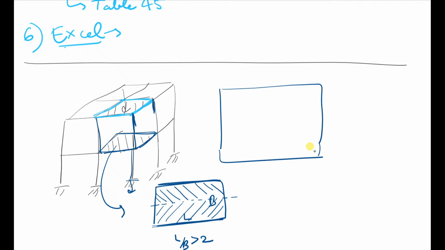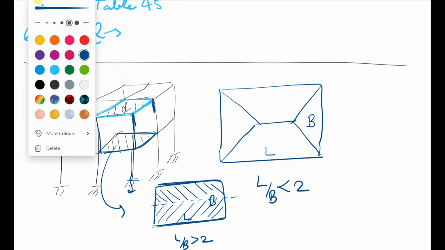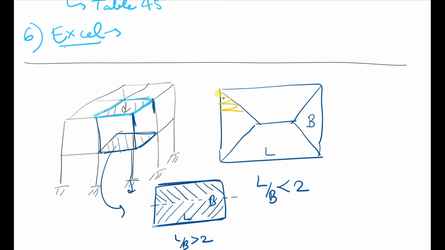Okay. If it is a two-way slab, what is the load distribution? See, two-way slab is like this. L upon B is less than 2. Okay. So load distribution is like this. And this load is distributed like this.